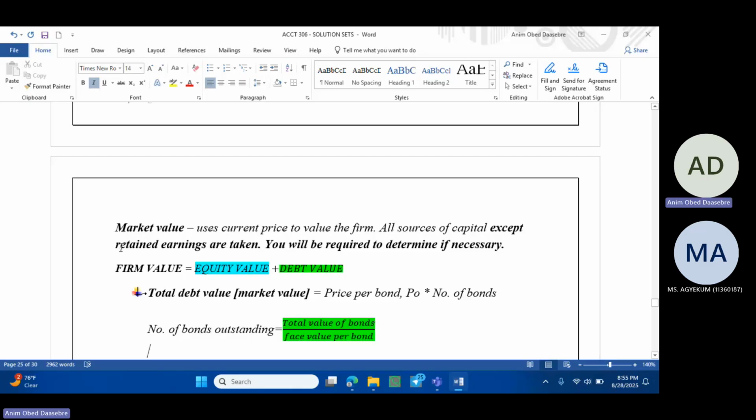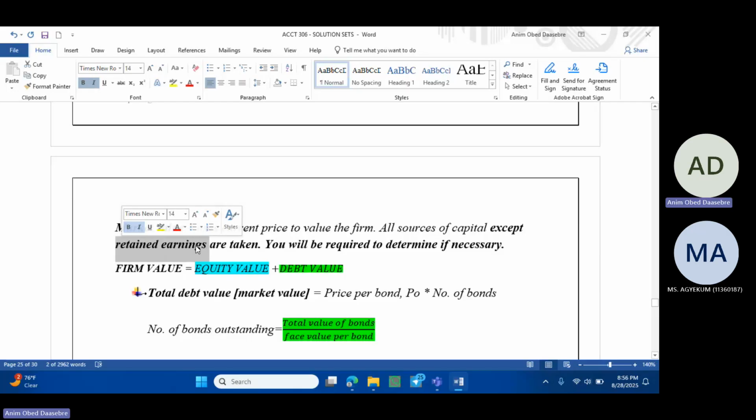Because retained earnings is an accounting concept. It does not reflect current values. It is historic in nature. It can be found in the financial statements.